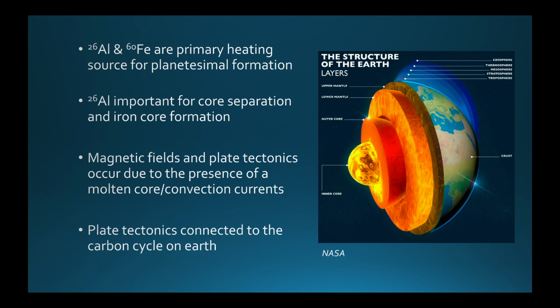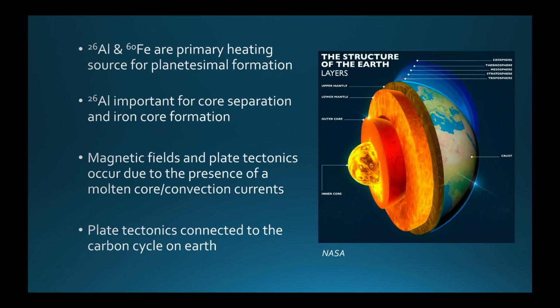And as we know, the molten core is responsible for things like magnetic fields on planet Earth, which protect our atmosphere from solar radiation. And they're also possibly responsible for things like plate tectonics, which, as has previously been said, is connected to the carbon cycle on Earth, which seems really important for life, possibly.